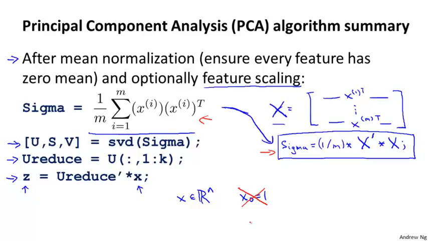The mathematical proof of that is beyond the scope of this course, but fortunately the PCA algorithm can be implemented in not too many lines of Octave code, and if you implement this in Octave or MATLAB, you actually get a very effective dimensionality reduction algorithm.